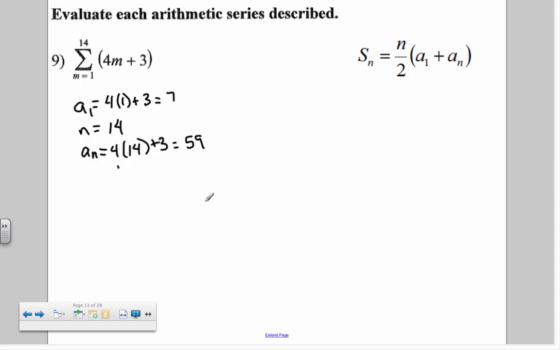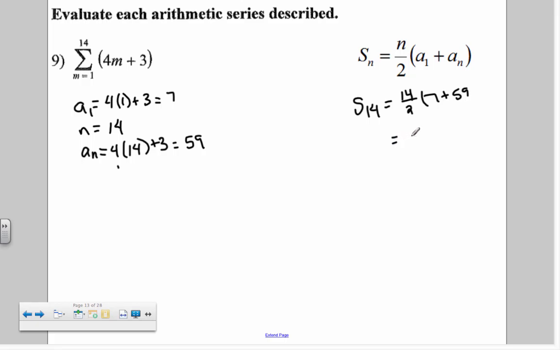Now I have all 3 variable values that I need to calculate the sum. So the sum of the first 14 terms is 14 divided by 2 times 7 plus 59.